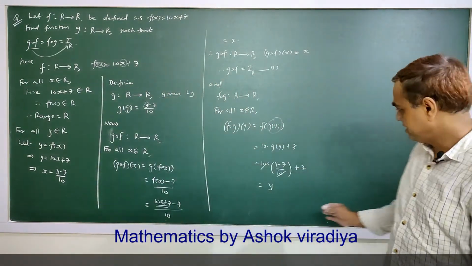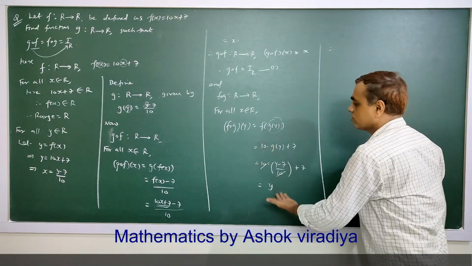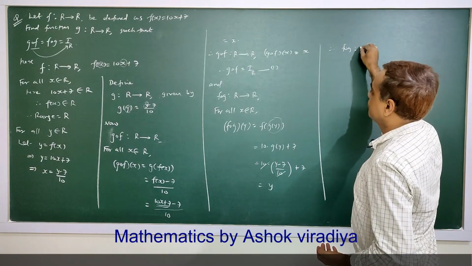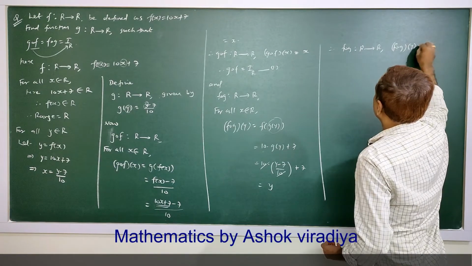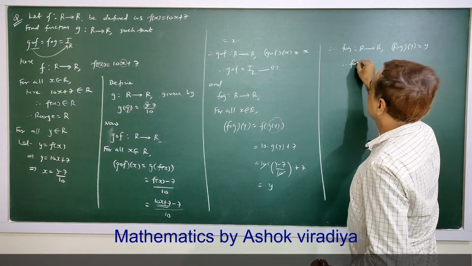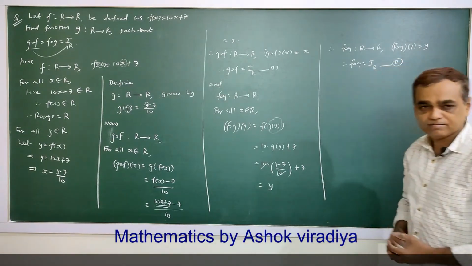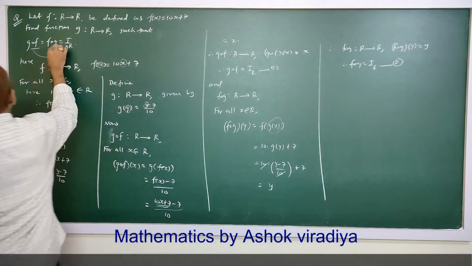Therefore f of g of y is also y. So f of g is from R to R, and f of g of y is y. So this is also the identity function on R. So the second condition is also satisfied.